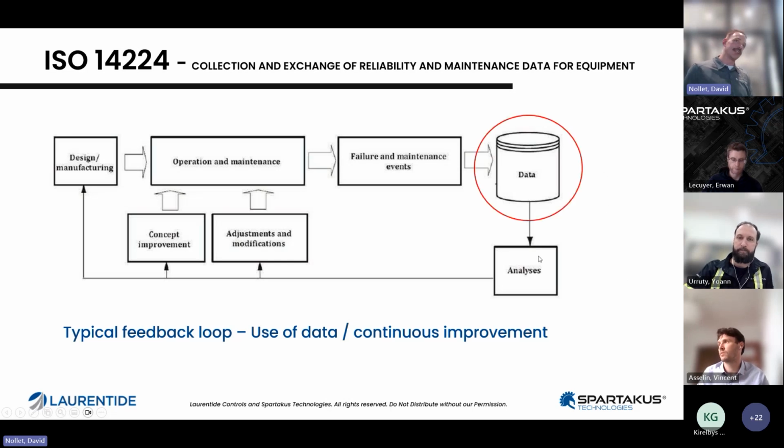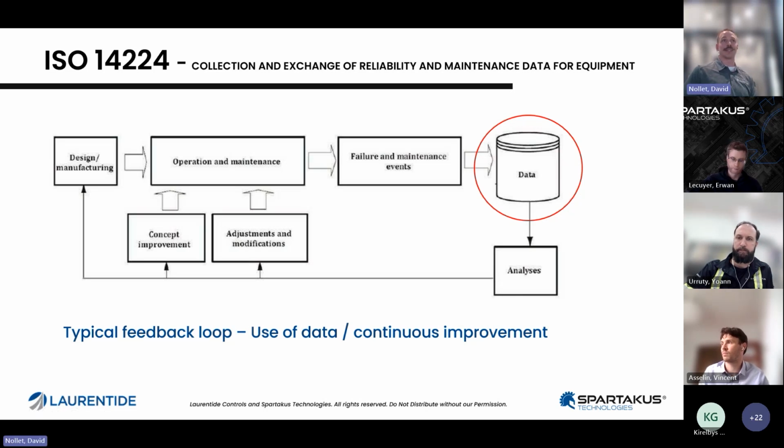So basically, and this graphic comes straight from that standard, we have an operation of a system, of a plant, and in our operation, we will have maintenance events. We will have failures. And those events need to produce data. So what kind of data are we producing?